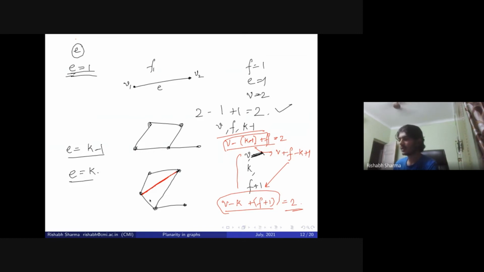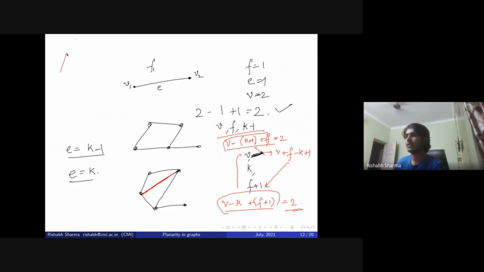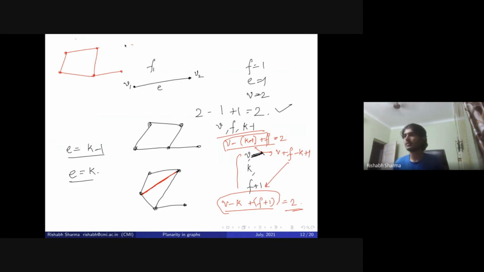Now, another possibility of adding an edge would be to add a hanging edge. So I have this original drawing, and I introduce a hanging edge. This is my newly introduced hanging edge.